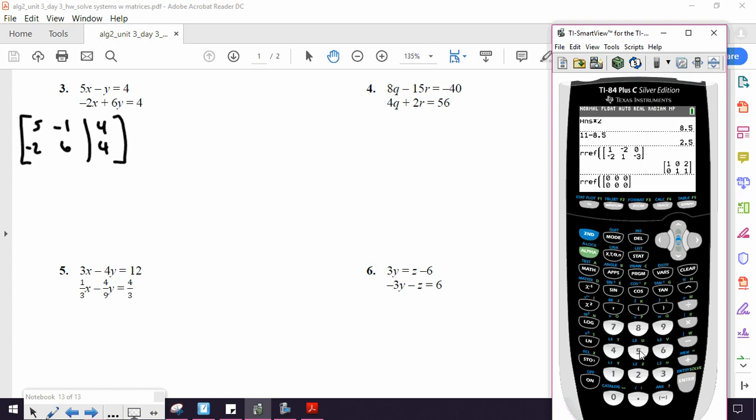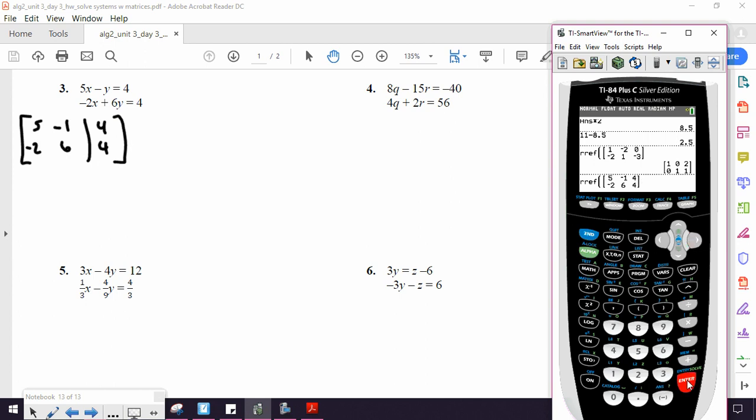So the first row is 5, negative 1, 4. Second row, negative 2, 6, 4. And then our input matches what's on our paper.